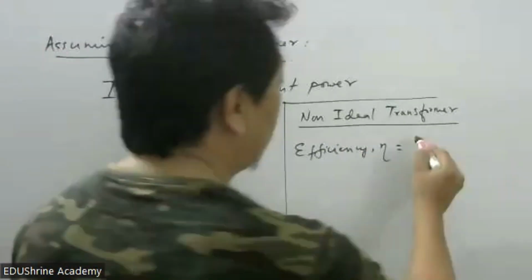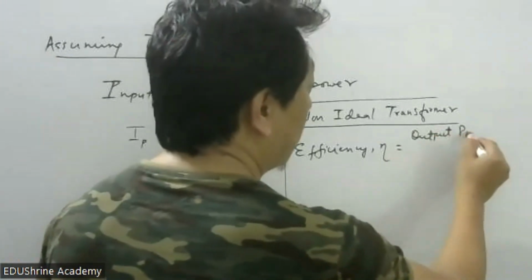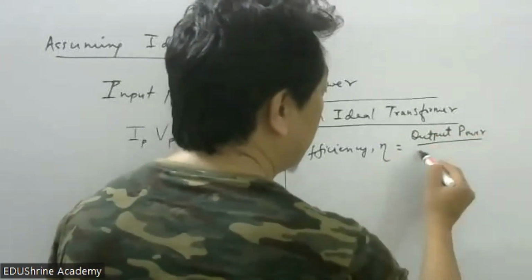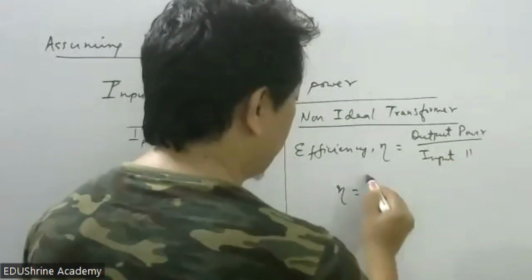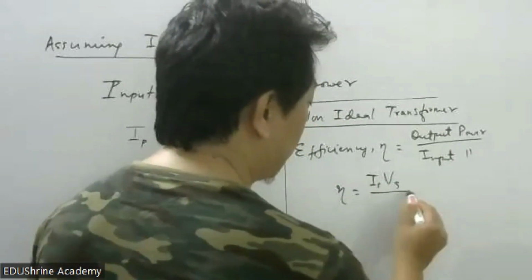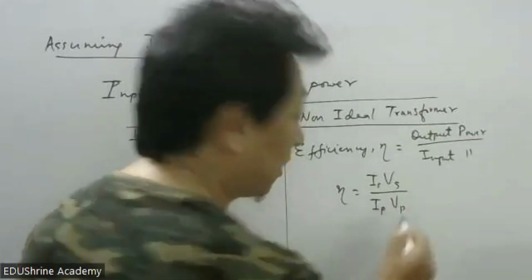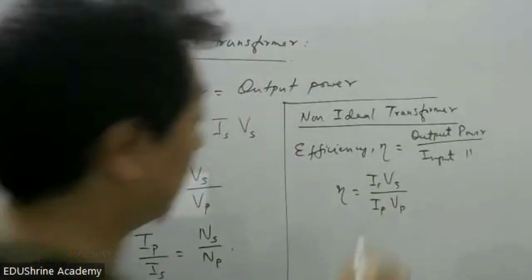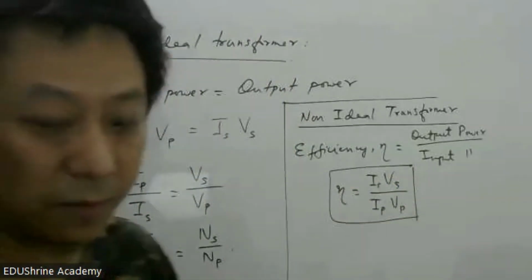So efficiency, how will you define it? Output power by input power. So efficiency will be I secondary V secondary divided by input power, which is current into voltage in the primary. So this equation you can use to solve some problems.